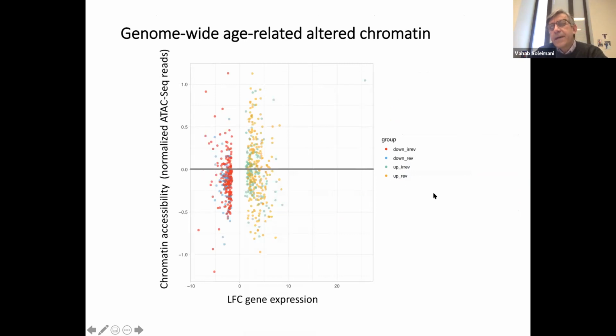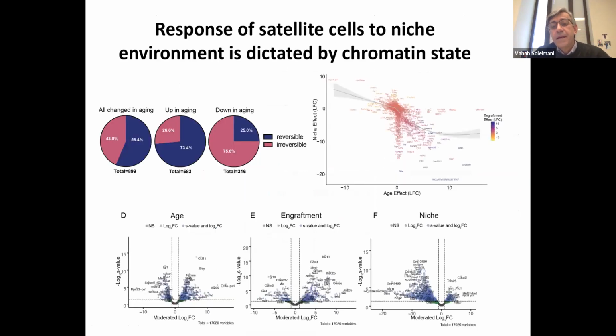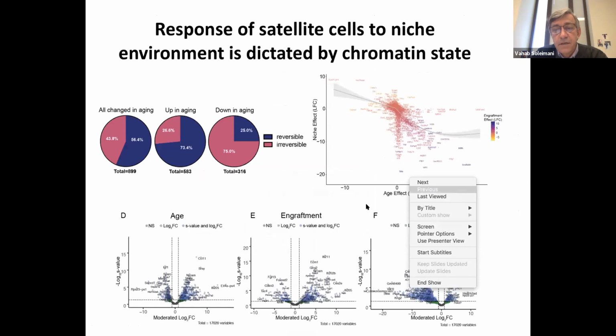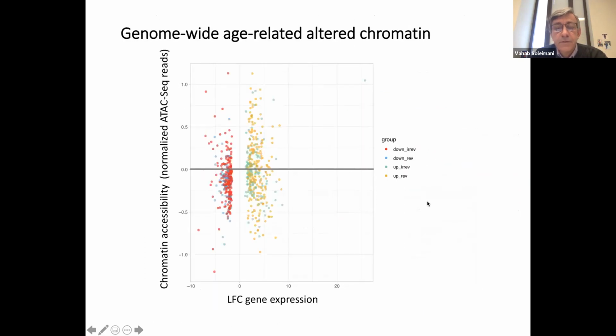Just coming back, remember I said there are differences between genes. There are some genes that are responding to the niche, and there are some genes that are not responding to the niche. If you're comparing young and old or any two conditions, you will have genes that are going up and genes that are going down. Now we're transplanting cells, and then we look at what genes are changing and what genes are not changing.